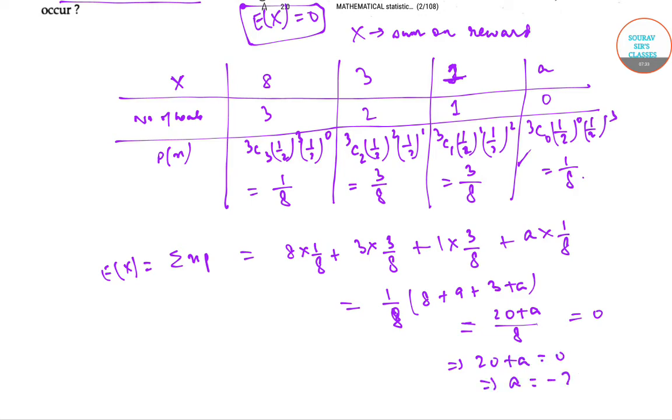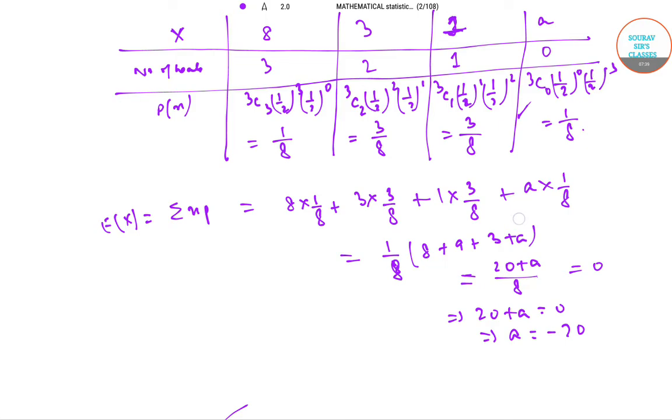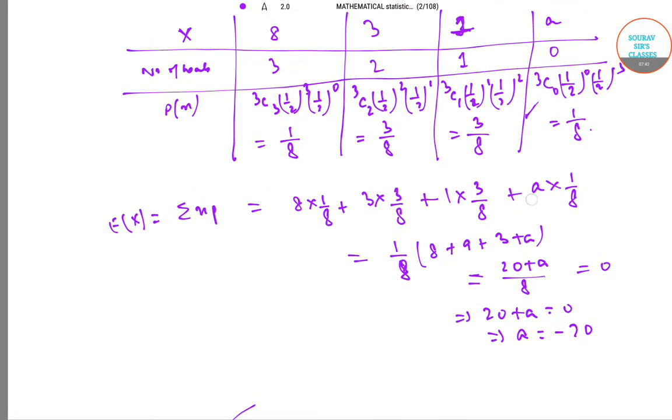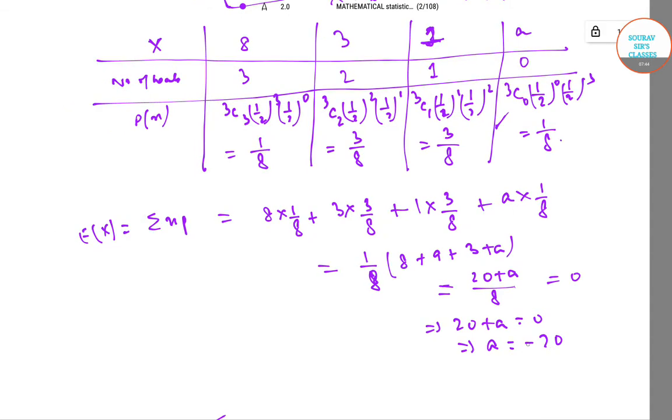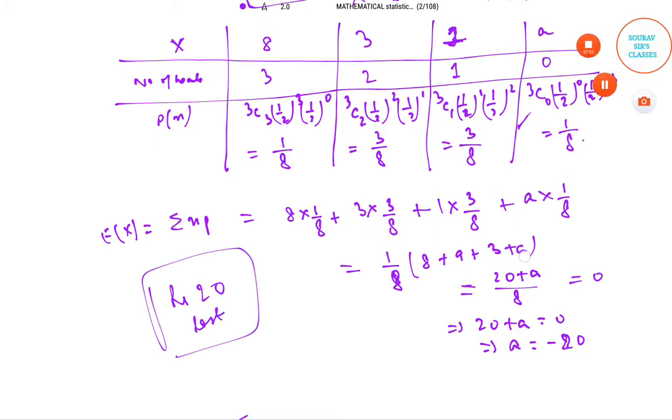So a is equal to minus 20. Thus, if not a single head occurs, that is, we get all 3 tails, then the person would be losing 20 rupees for this to be a fair game.